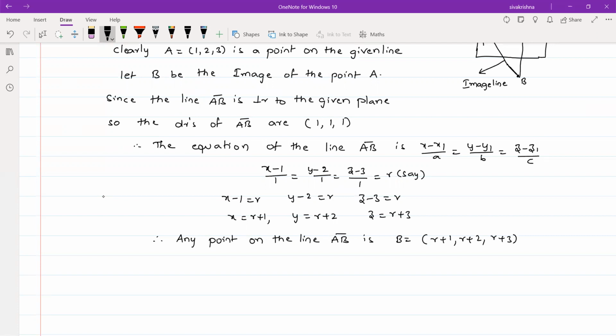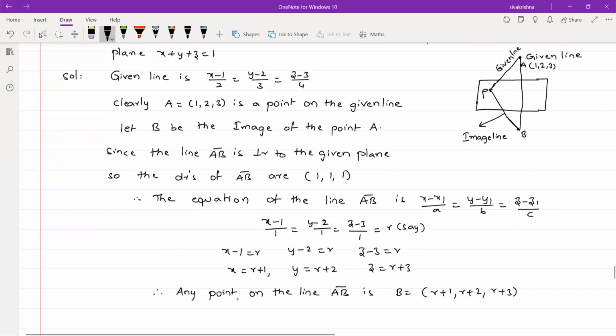So first I have found the equation of the line AB. After finding the line equation, I have supposed that it is equal to small r. Whenever the line equation is equal to small r, we get any point on the line, and I am naming that any point as capital B. But we have B in terms of small r, so we have to find the value of r.